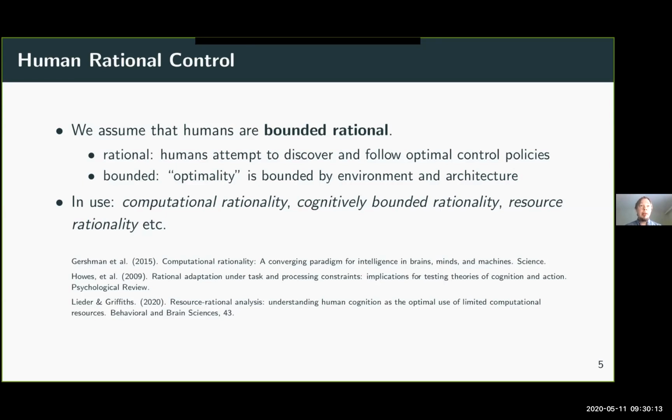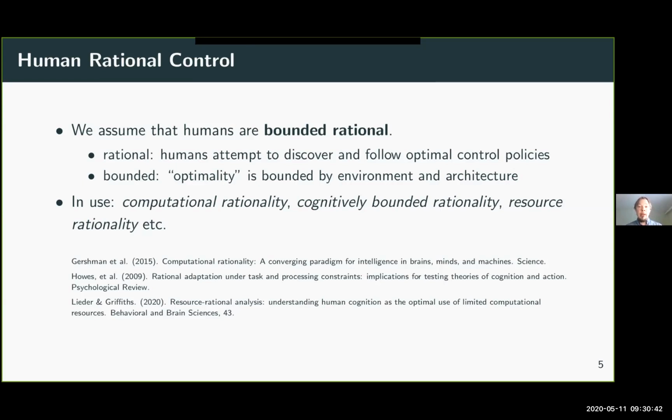Resource rationality, which emphasizes that biases in human decision making result from rational use of cognitive resources, etc. So there are a lot of different camps using this idea of bounded rationality and making use of concepts of machine learning to describe human problem solving.